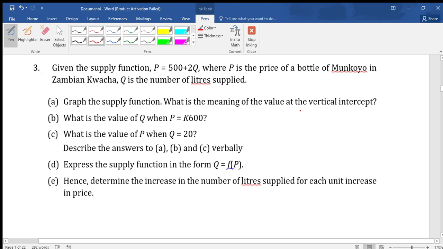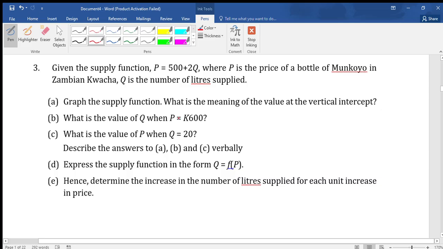Let's go to question number 3. So question number 3 says, given that the supply function, now we're looking at the supply function. If you look at this, it's just the same question which we talked about in question number 5, but question number 5 was demand and this one is the supply function.